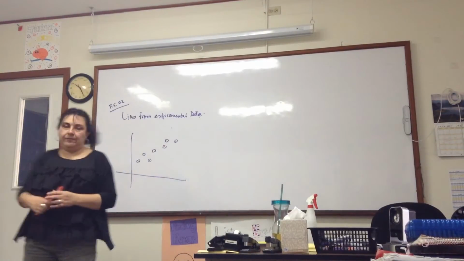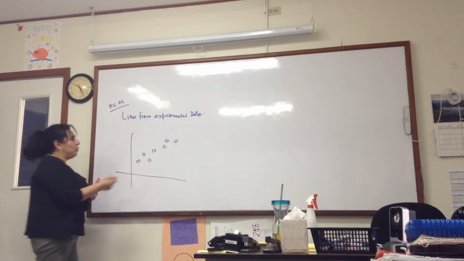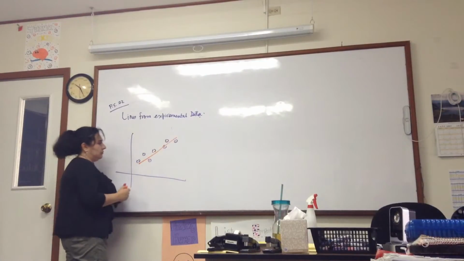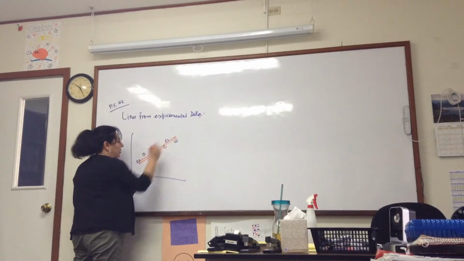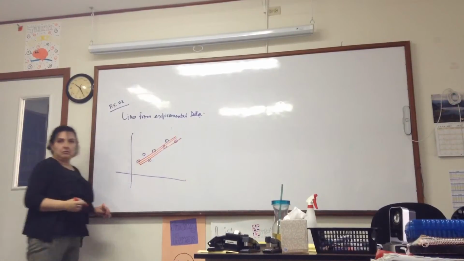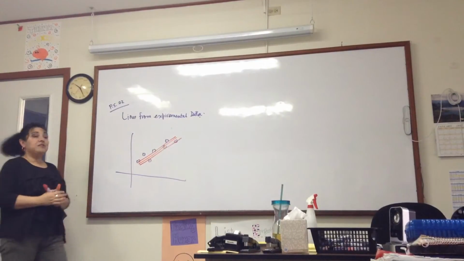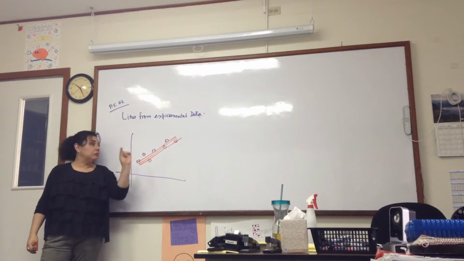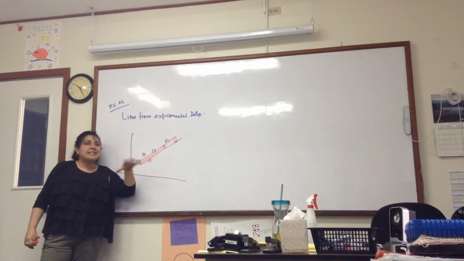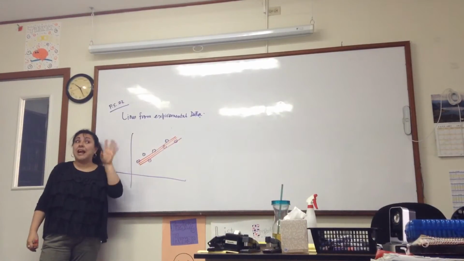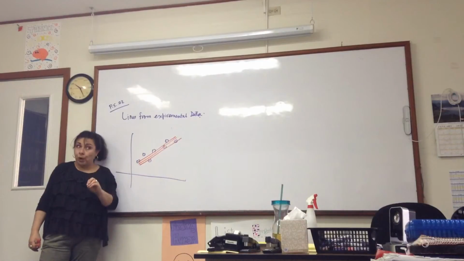It also means that you could draw the line here, or here, or here. The difference is minimal. The difference is you're not going to get the exact same answer as the book.